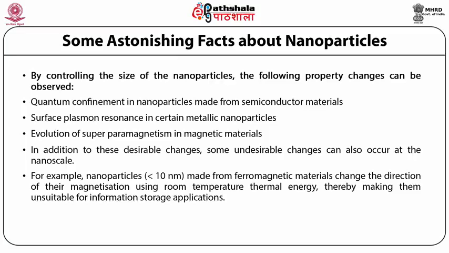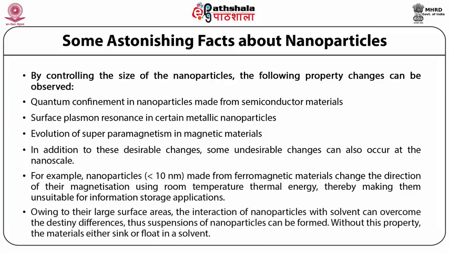For example, nanoparticles which are less than 10 nanometer made from ferromagnetic materials change the direction of their magnetization using room temperature thermal energy, thereby making them unsuitable for information storage applications.